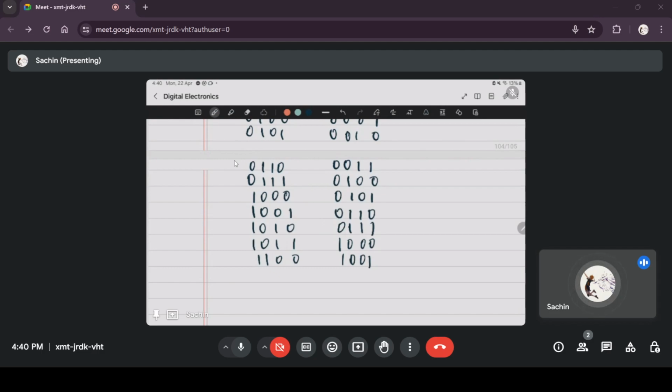And then the remaining numbers 13, 14 and 15 are all don't cares.